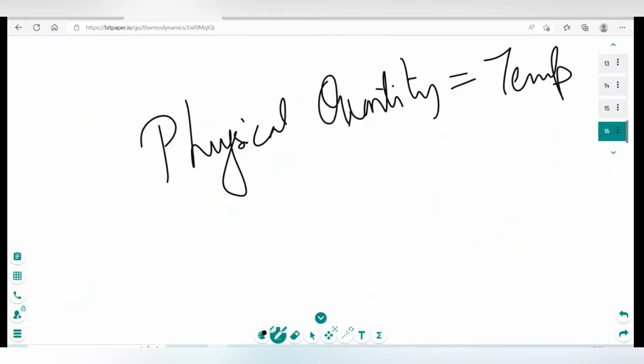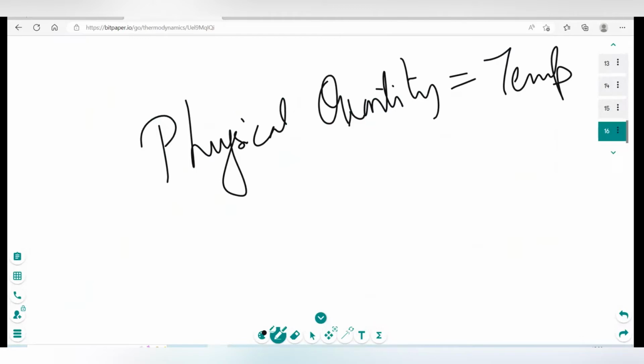I can say temperature is the quantity which determines whether or not the system is in thermal equilibrium with the neighboring systems, right? And why is it so significant, why does temperature play the main role?